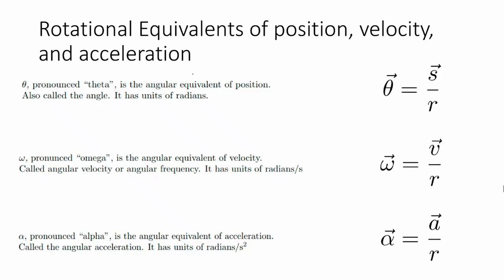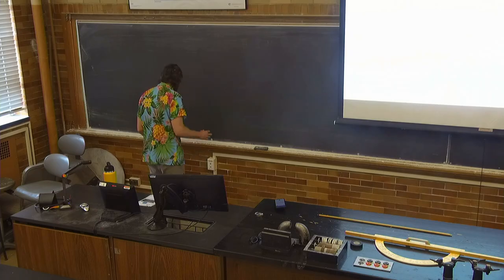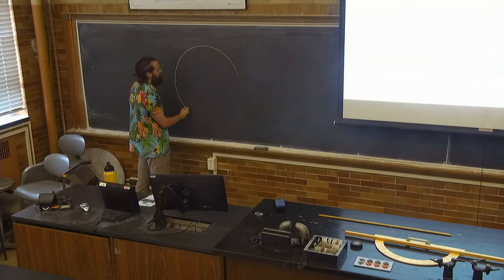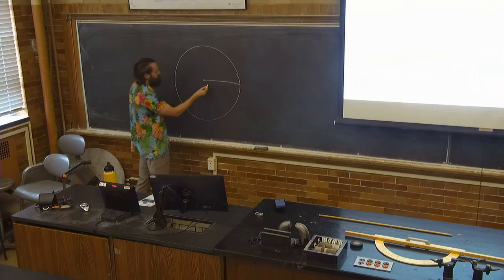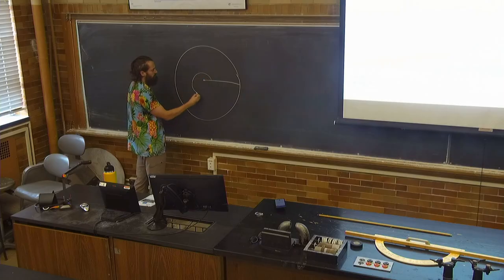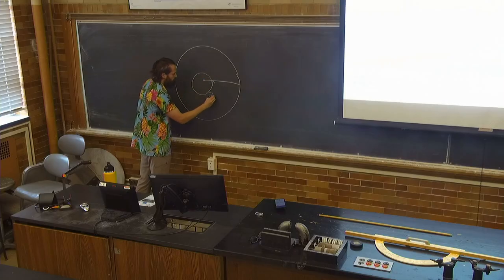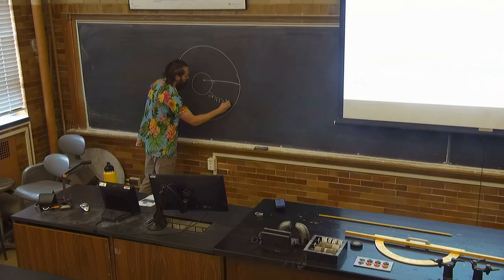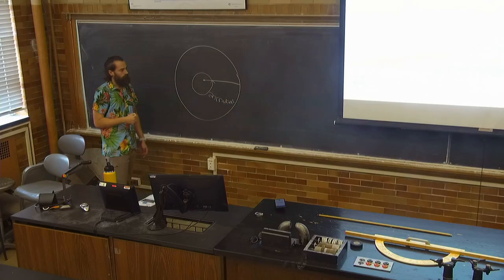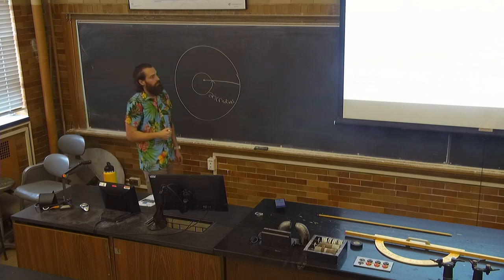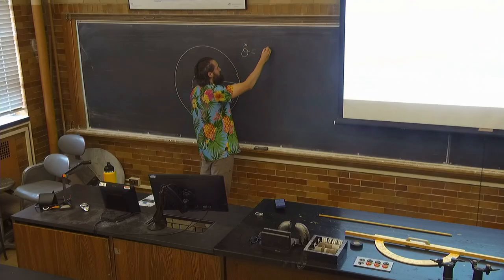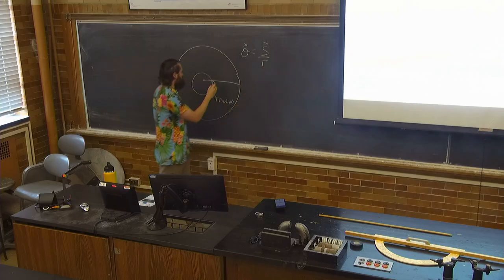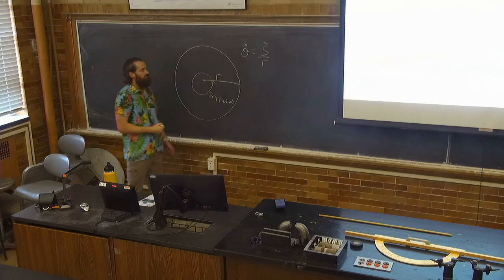So let's see that as an example. We just said the angle to go all the way around the circle was 2 pi radians. So we have this equation that relates theta, an arc length, or a distance, and the radius of the circle. The circle has a radius r.